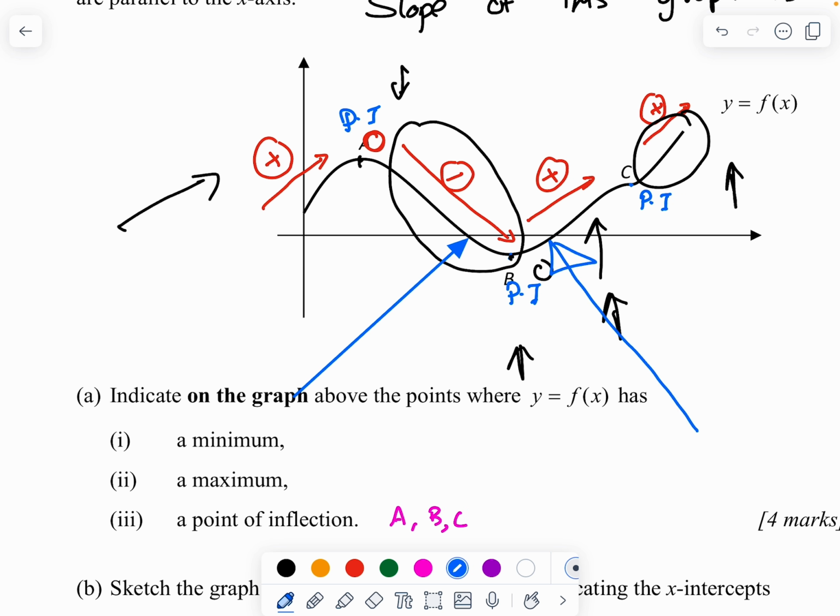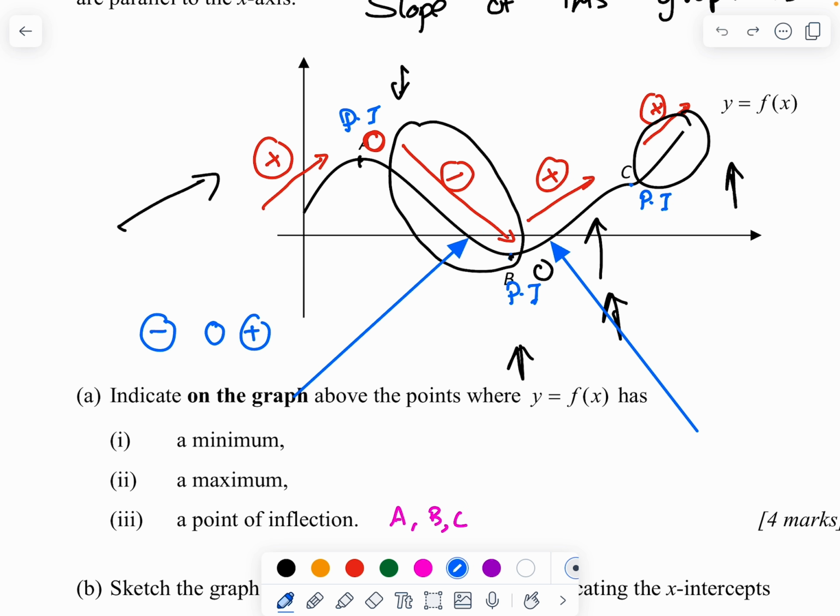Which is the maximum point and which is the minimum point? In the first one, the derivative was negative, becoming 0, and then becoming positive. Negative, 0, positive. How is that possible?